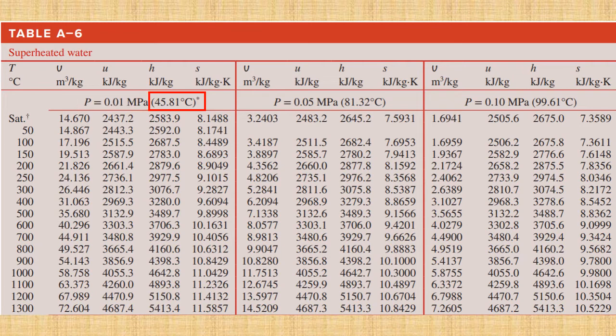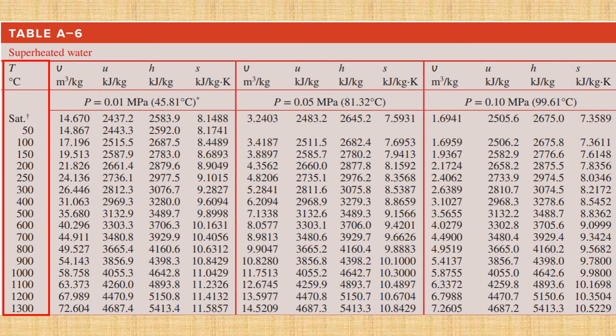The leftmost column contains temperature values. This creates a large number of temperature and pressure combinations for which specific properties are listed. Each row in a box corresponds to the temperature in the leftmost column and lists the specific properties of water at the corresponding temperature and pressure.